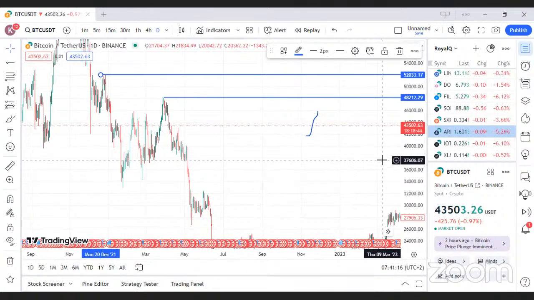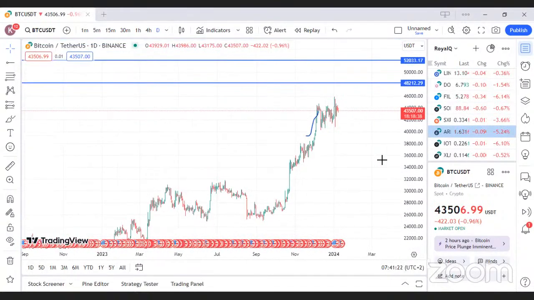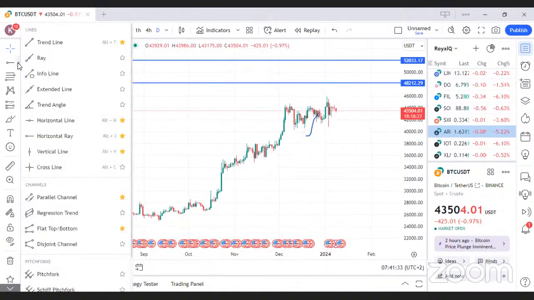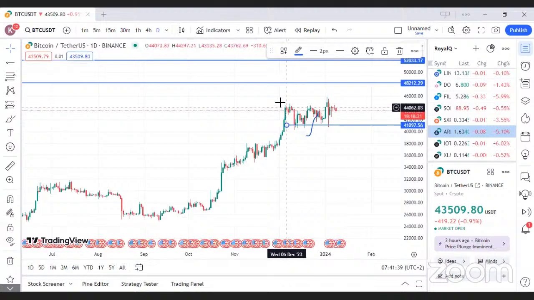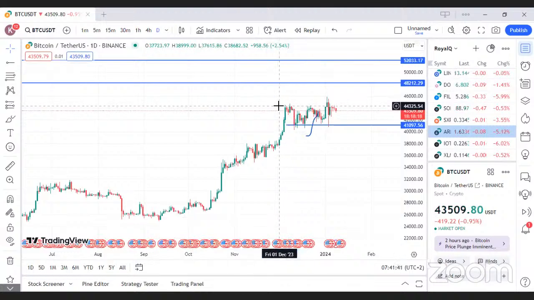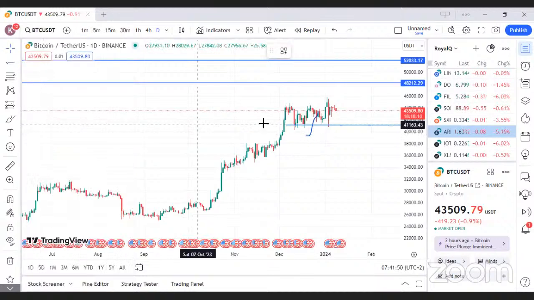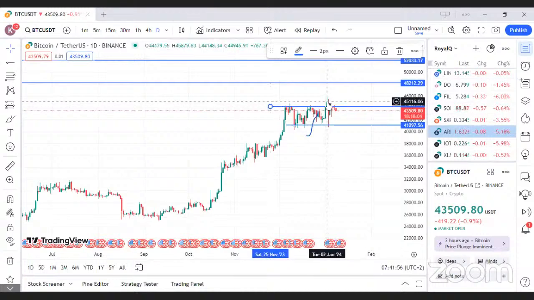So if we go back to the current chart of where the market is, we could say that if the market breaks this, all right, this was just a little fake out here.